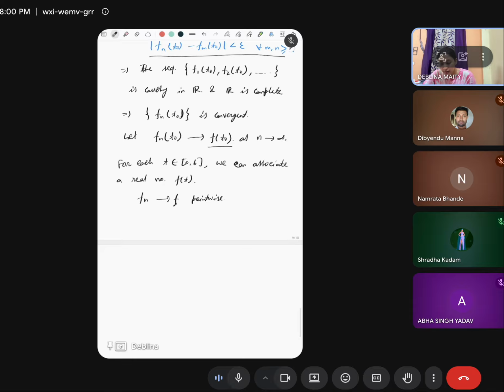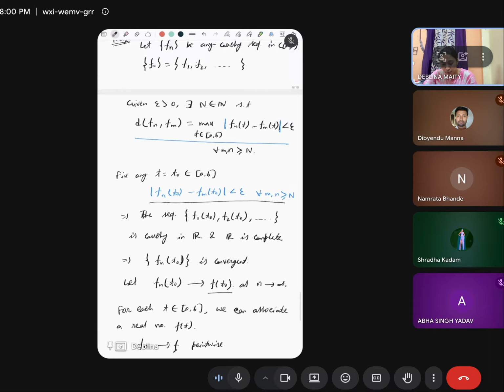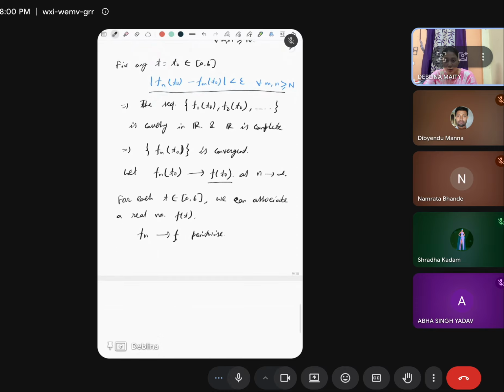Now we'll show what we have to show. We have to show that the function to which it converges must belong to C[a,b]. Then we can say that this is complete. fn is a Cauchy sequence, and we have to show that it is convergent.